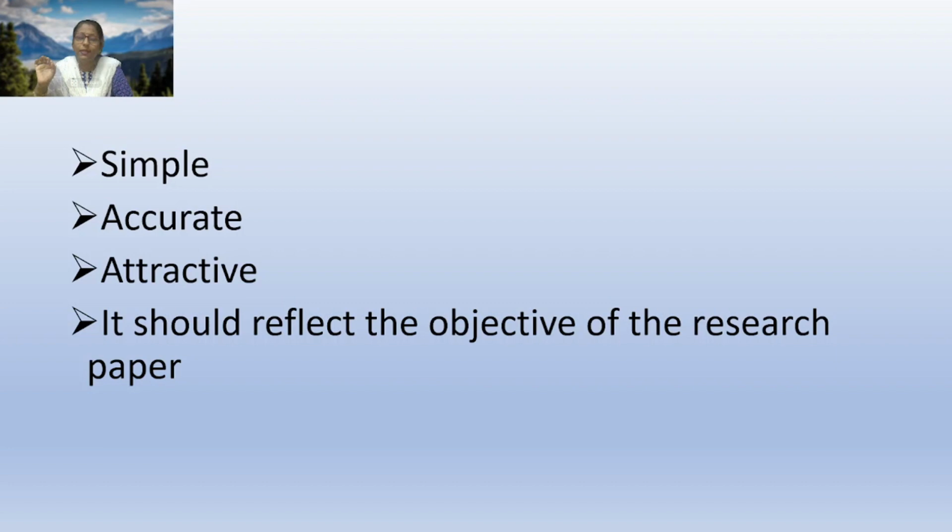It should be simple, so whoever sees it can understand. It should be accurate, related to the objectives. Then it should be attractive, and it should not be too lengthy or too short. This is how the title should be selected by the researcher.